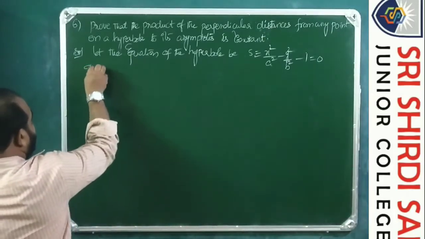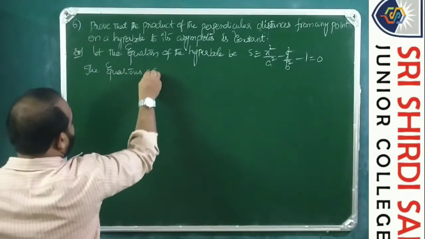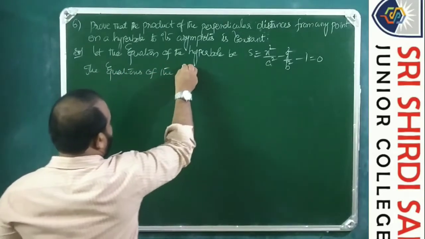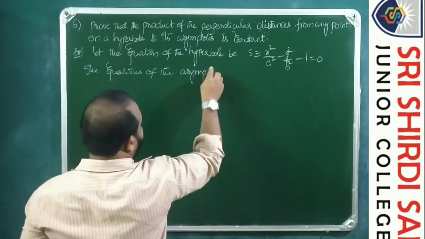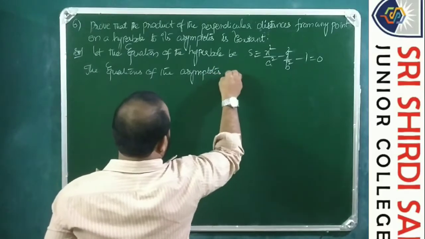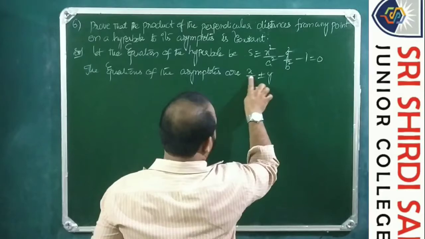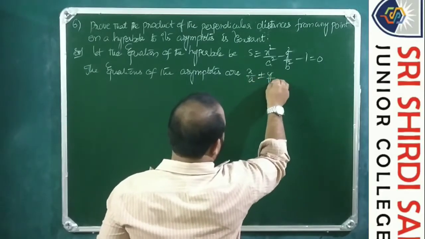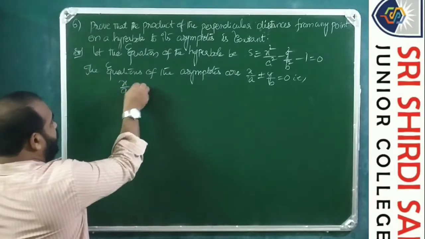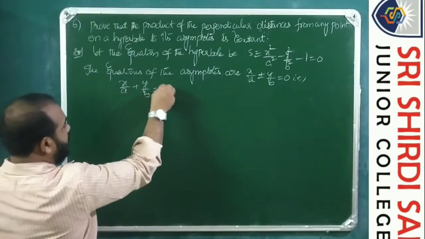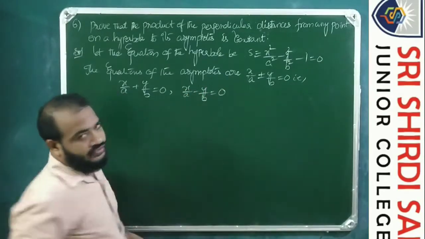So the equations of the asymptotes are x by a plus or minus y by b equals 0. That is, x by a plus y by b equals 0 and x by a minus y by b equals 0.